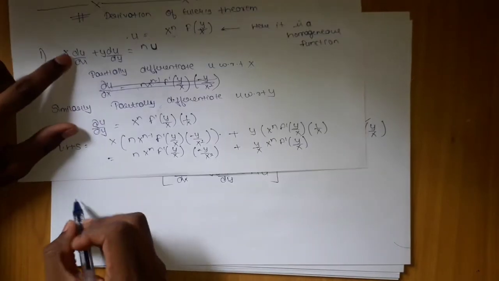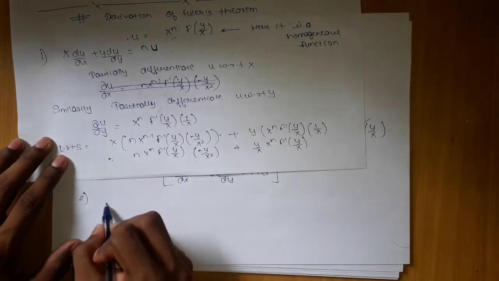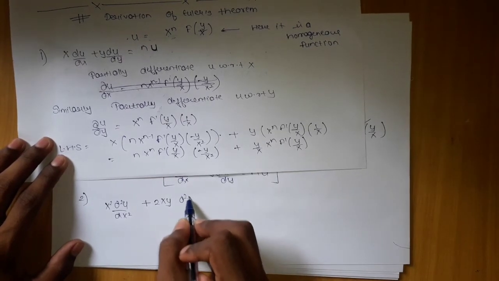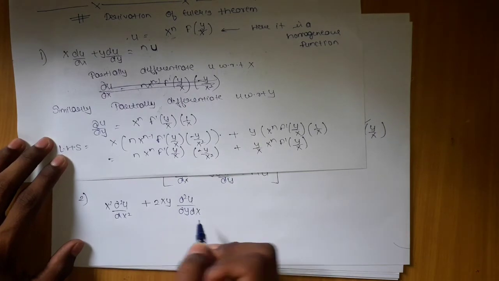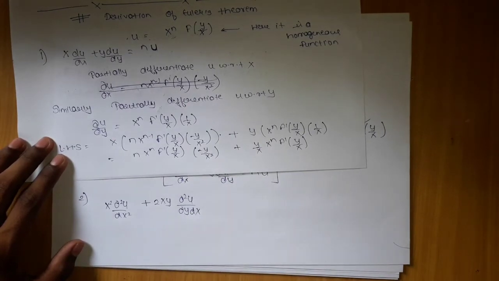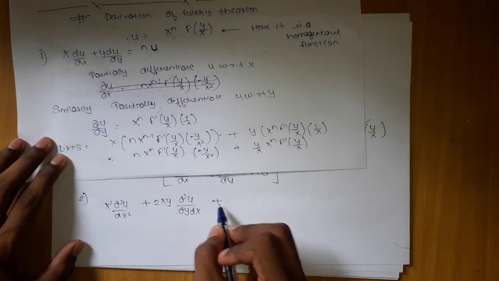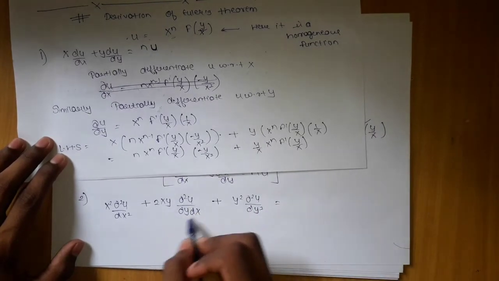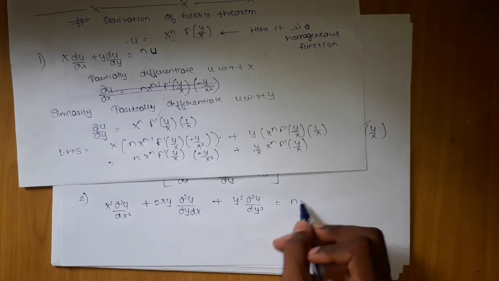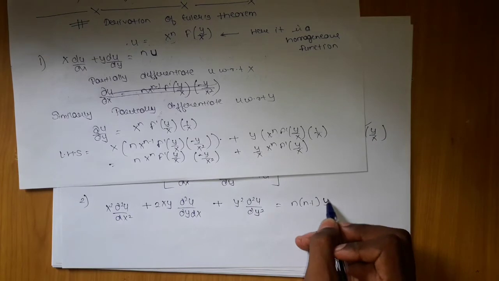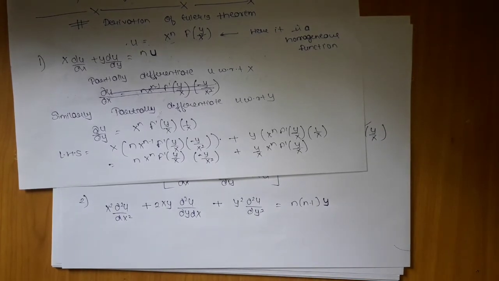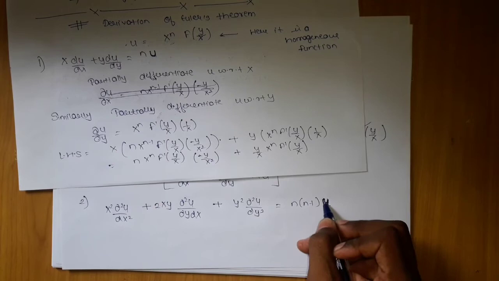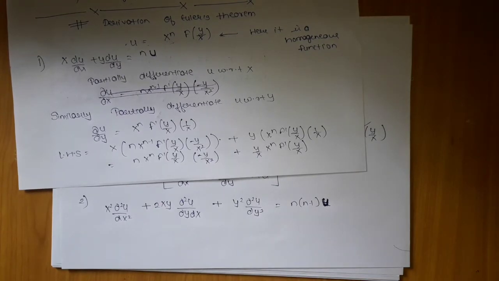Let me tell you the second formula: x² ∂²u/∂x² plus 2xy ∂²u/∂y∂x, and you know ∂²u/∂y∂x is equal to ∂²u/∂x∂y, which is the property of partial differentiation, plus y² ∂²u/∂y², equals n into n minus 1 times u. If you take any other function y, it will be y.